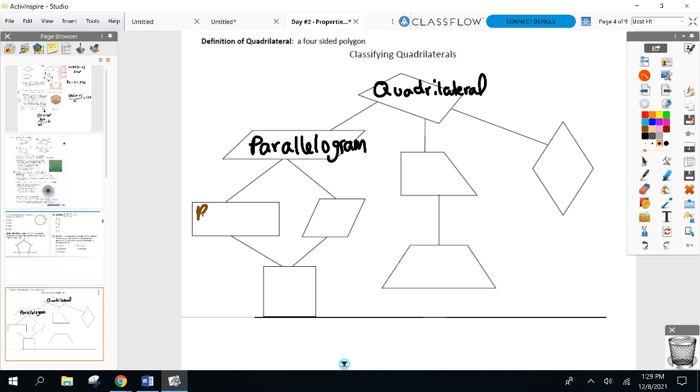You got it, Eva. Anybody know who this is? That's Randy, the rhombus. Why is it underneath parallelogram? Here's why. Anything the parallelogram has, property-wise, so do these 2.